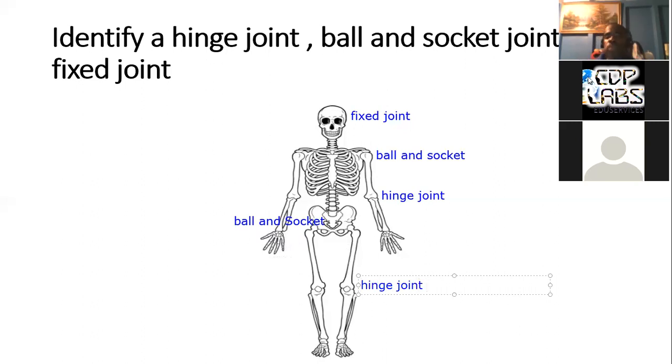Now, I'm going to see if you guys are thinking, based on what we did a while ago. What did you guys observe? Go ahead, Shabby. What are you saying? You have a ball and socket joint.